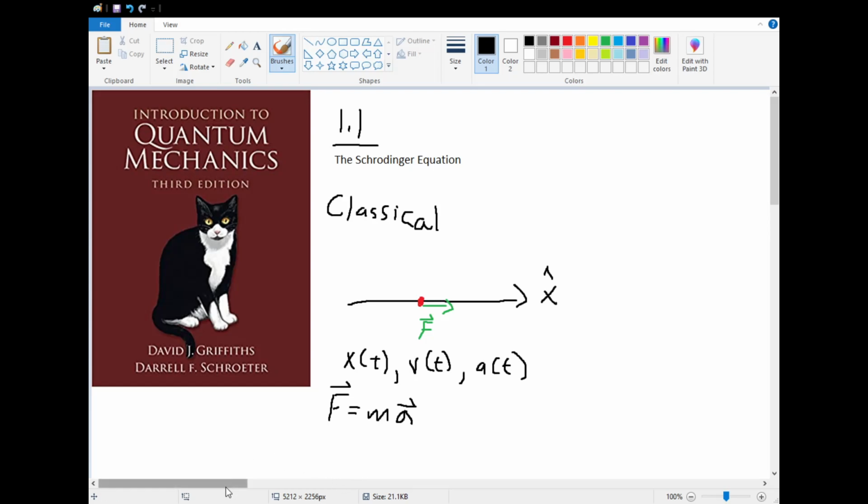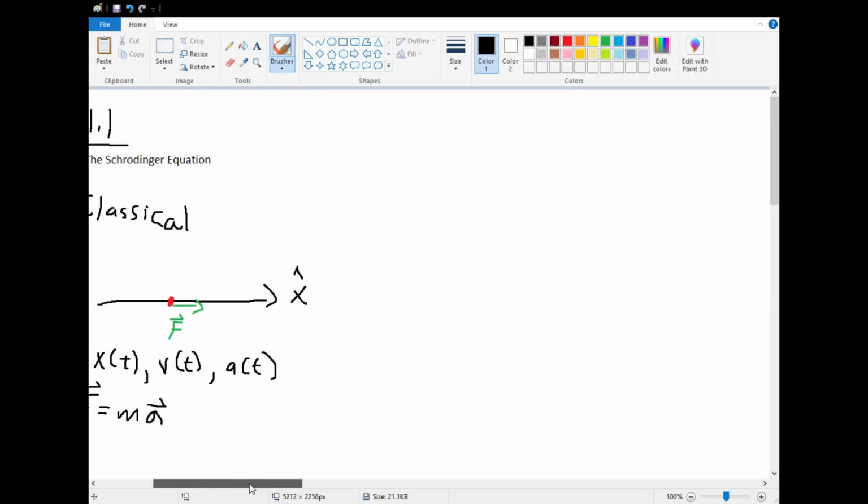The quantum mechanical equivalent is kind of the same thing. Just like how in classical systems we are trying to find parameters such as position, velocity, and acceleration through the use of a fundamental equation, which is Newton's second law, in quantum mechanics, we are doing the same thing. We are trying to find parameters given an equation that we already have.